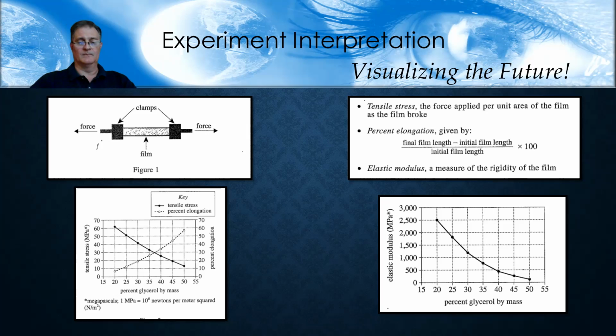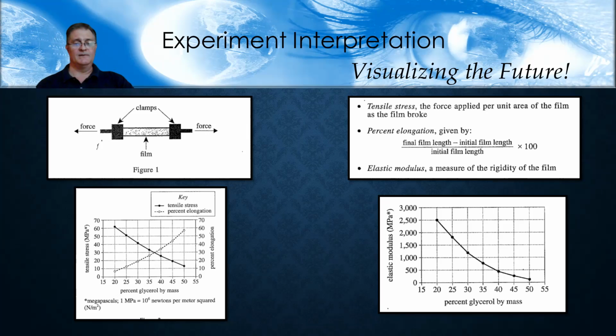Glycerol is our variable. As we increase glycerol from 15 to 55, what happens to the film? What happens to its rigidity? It decreases. So it would make sense that you decrease the rigidity of the film so that it will elongate.